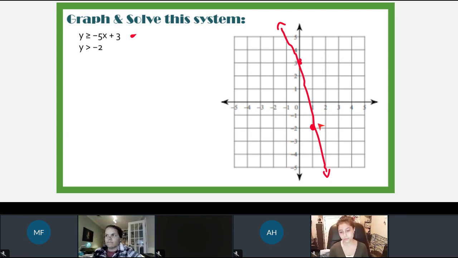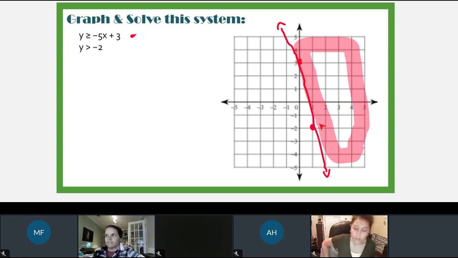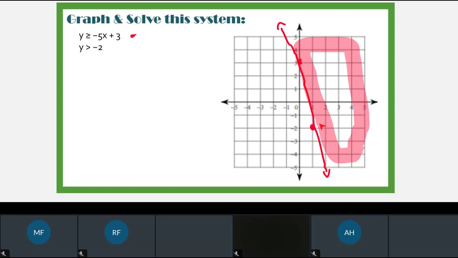Greater than or equal to. Good, Jonathan. Talk about how did he get to that? How did he know which side to shade on?